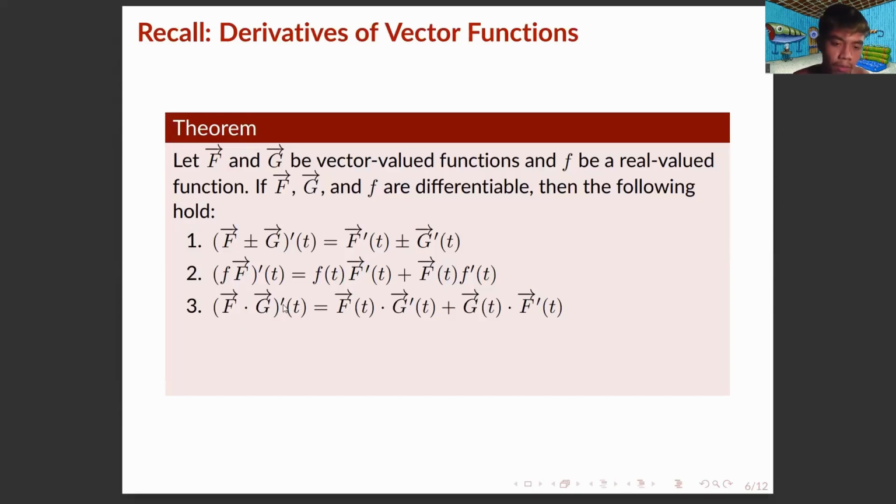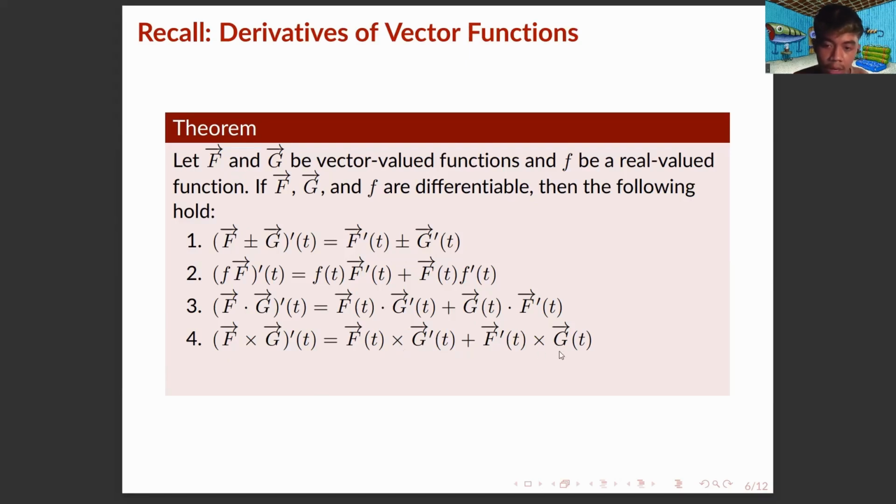For number 3, we have the derivative of the dot product of two vector-valued functions, which is equal to the same rule. So we have f of t dotted to g prime of t plus g of t dotted to f prime of t. For number 4, we have the derivative of the cross product of two vector-valued functions. So that is equal to f of t cross g prime of t plus f prime of t cross g of t.